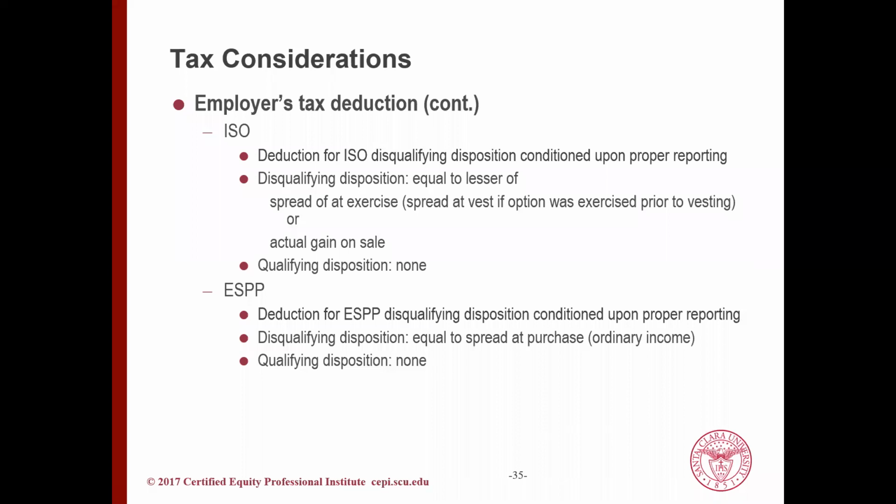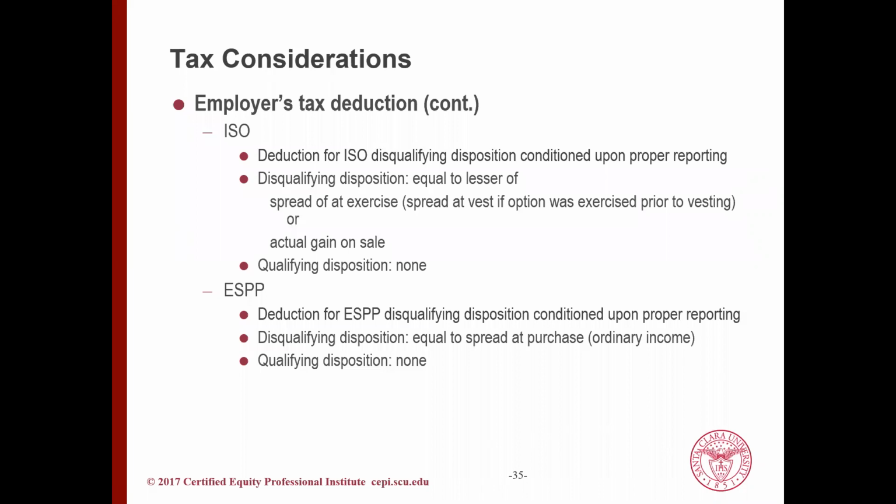So continuing on and looking at the employer's tax deduction for ISOs, the deduction for a disqualifying disposition is conditioned on the employer properly reporting the compensation income in the W-2.